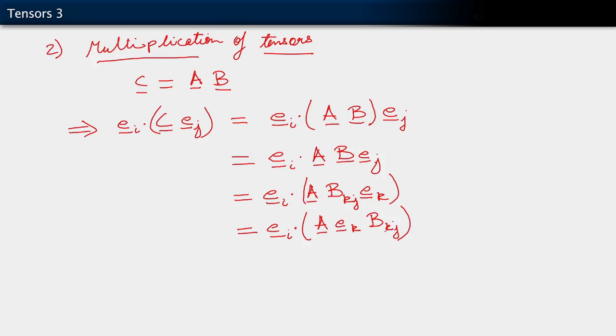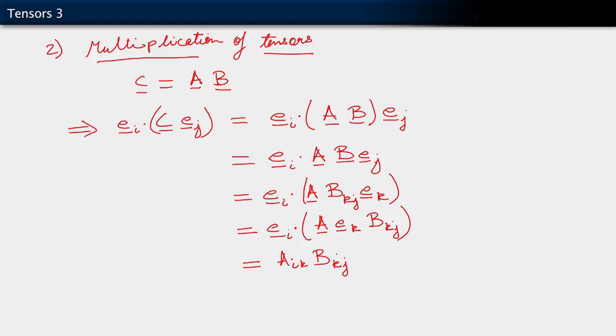Now, BKJ is after all just a scalar, because those are just the components of B. But look at what we have here now. We have EI dotted with A EK. We know what that is. That is AIK BKJ.